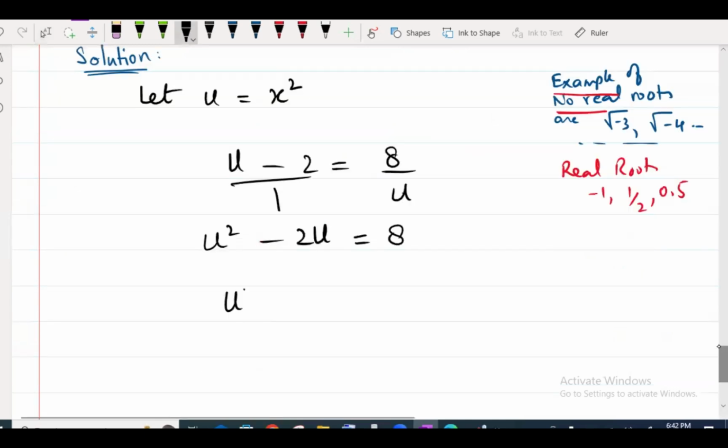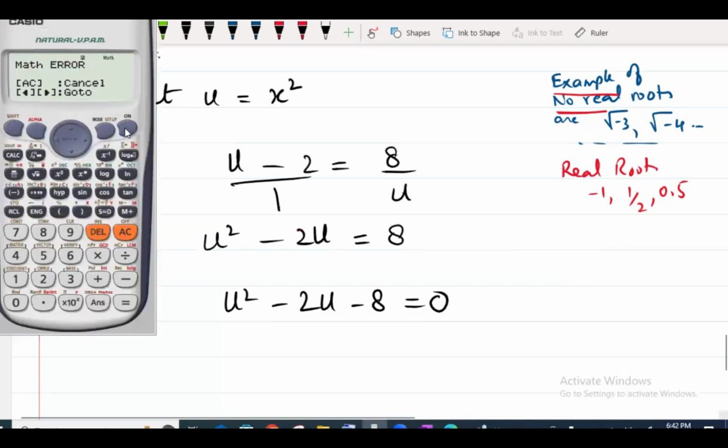So u square minus 2u minus 8 is 0. And then to solve this equation, we are going to use the calculator. But remember, when you are using the calculator, you have to write in the factorized form.